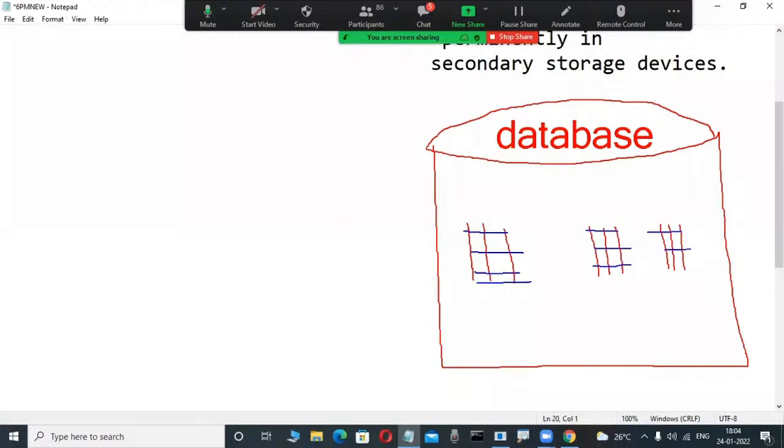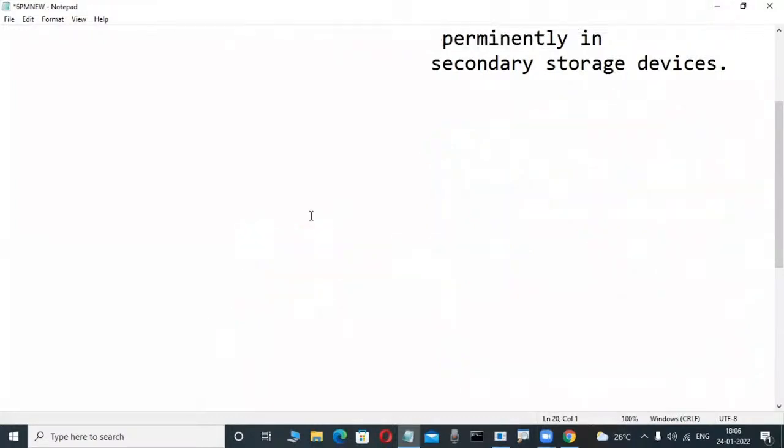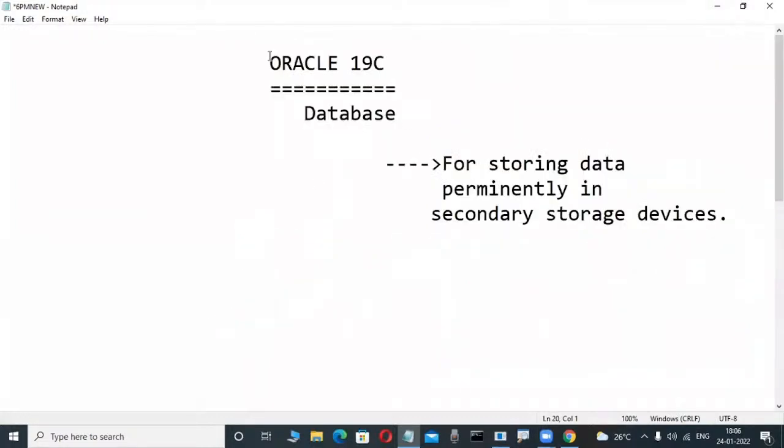A structured collection of data is there. This is what I told in the previous class. Always these databases store a structured collection of data, in an organized fashion only. Once a structured collection of data is there, for operating this data, which language do we use? Very good, SQL, structured query language. That's why these databases are implemented based on the relational data model.